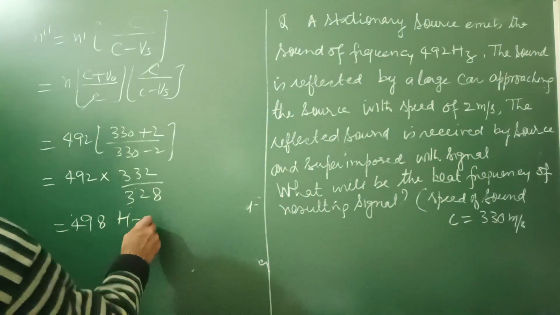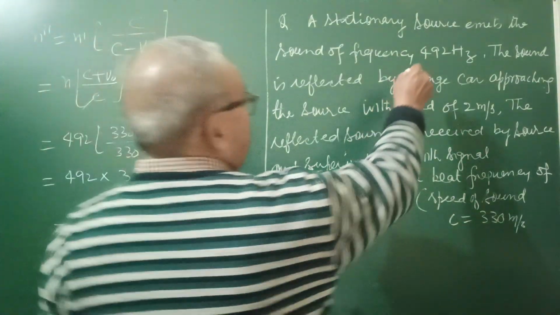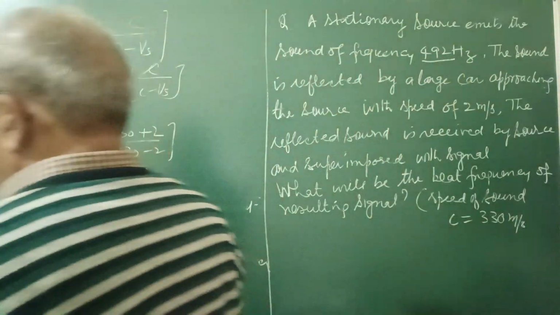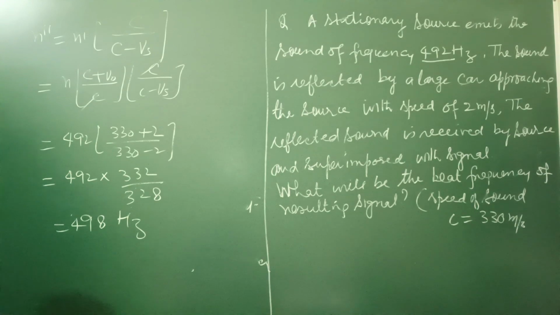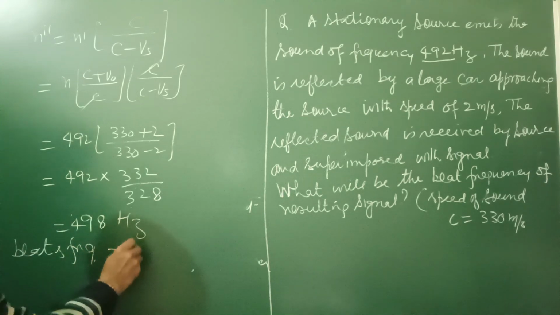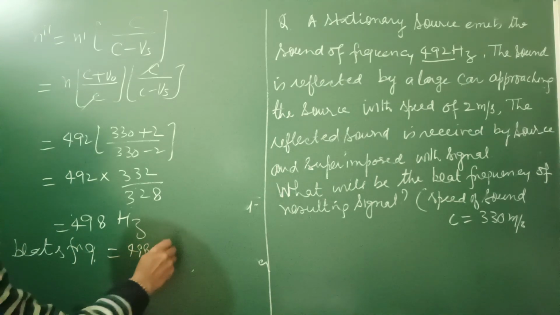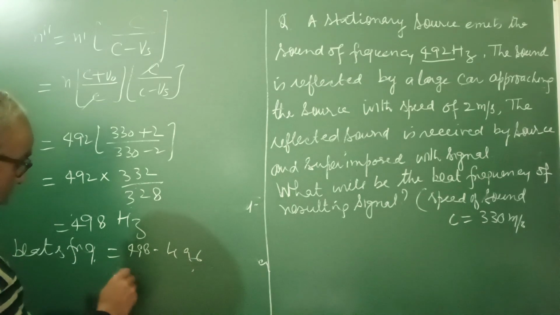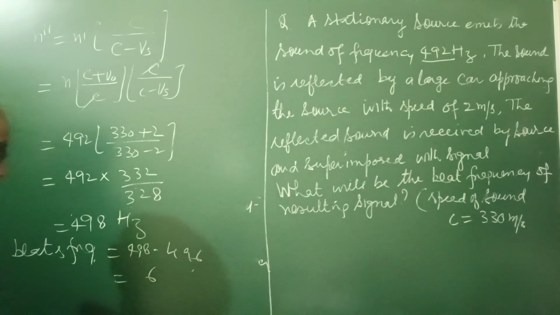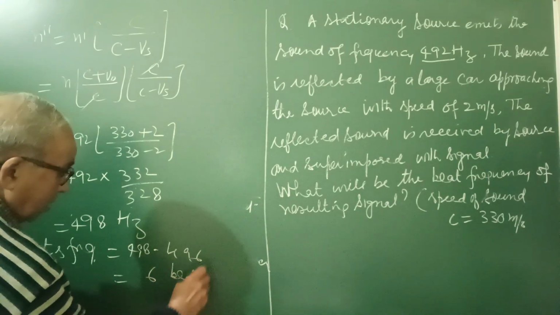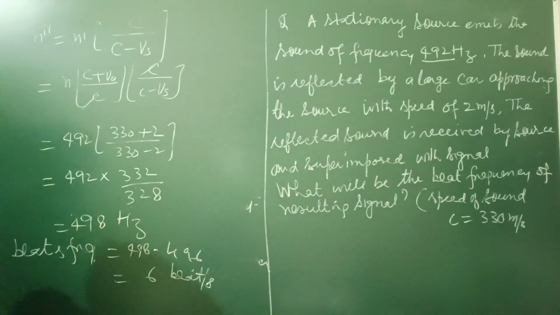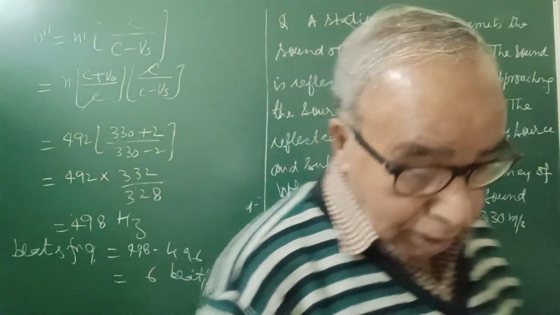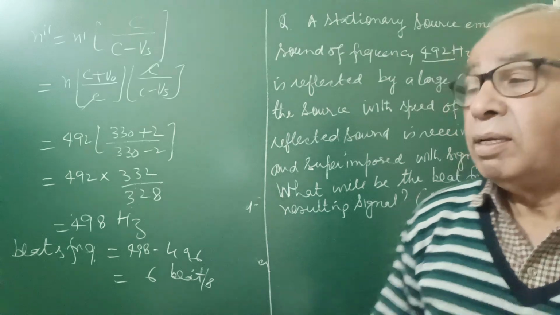First, the source frequency was 492. So the difference of frequency is equal to the beat frequency. The beat frequency is 498 minus 492, which means 6 beats per second will be heard. This is a good question.